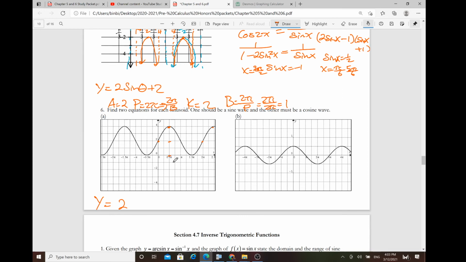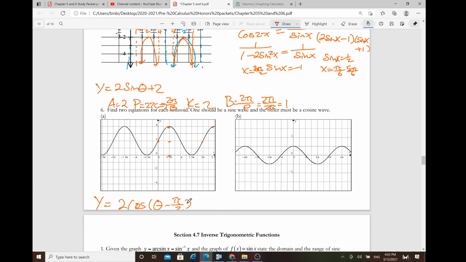Again, the period is still 2 pi, from 0.5 pi to 2.5 pi. So b is still 1. So theta minus pi over 2, because it's shifted pi over 2 units to the right.